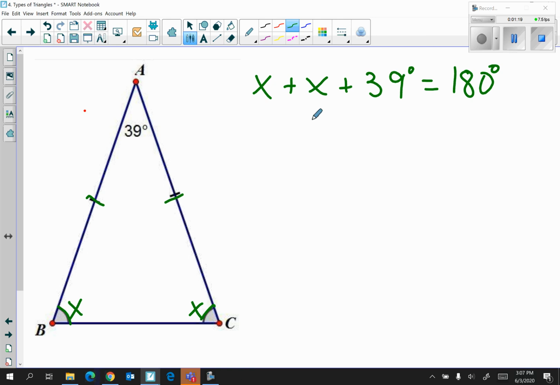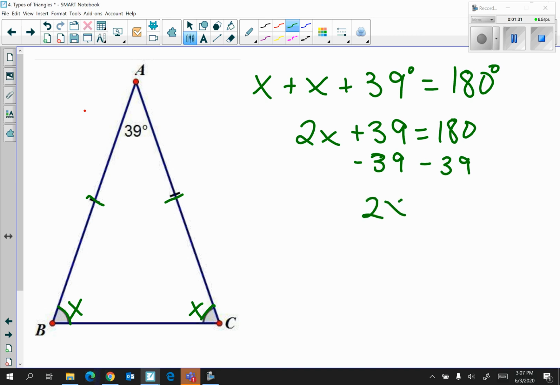So my x plus x is 2x plus 39 is equal to 180. Subtract 39 on both sides. So 2x is equal to 141 and divide by 2. So x is going to be equal to 70.5.